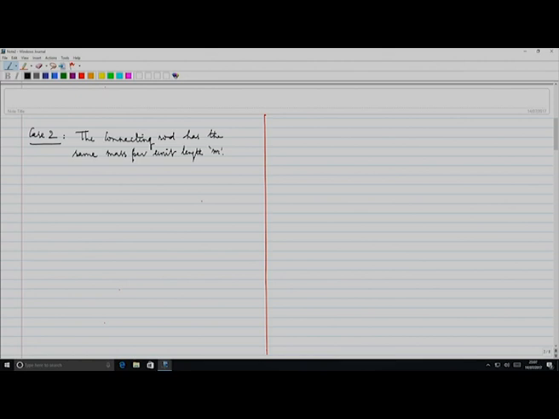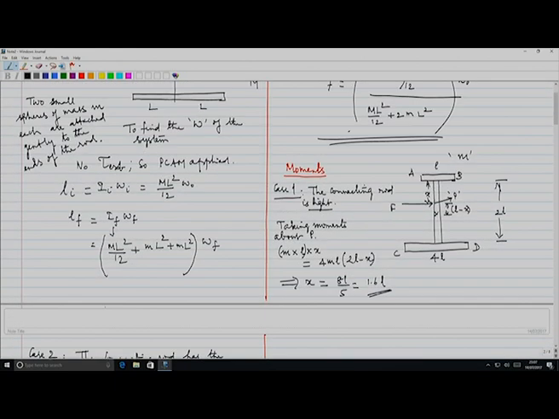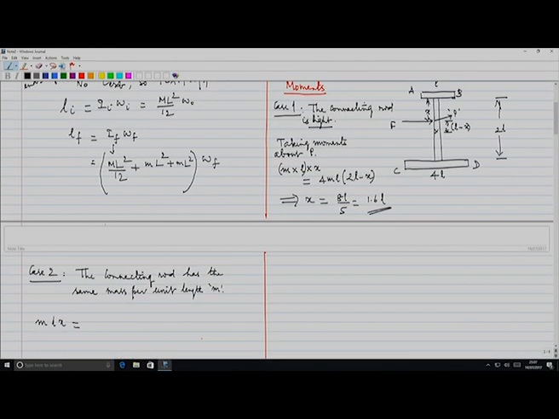Okay, then what will happen? From the top portion it will be the same, and from the top portion means from the portion AB, the moment due to AB will be the same, moment due to CD will also be the same.